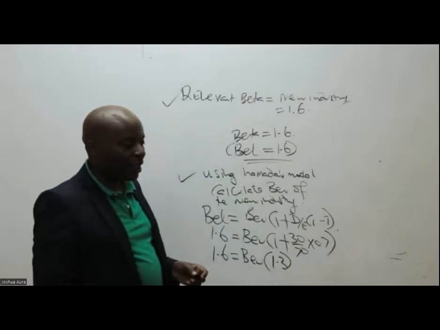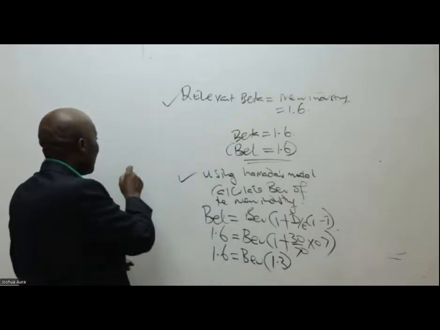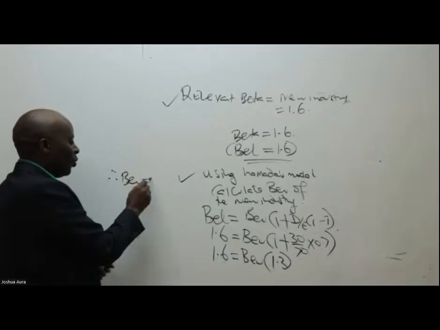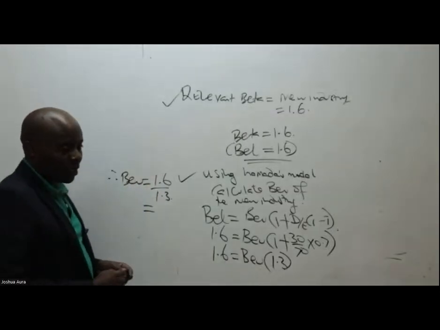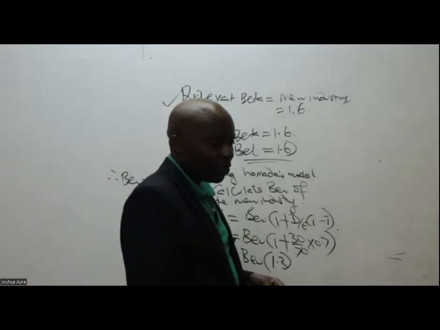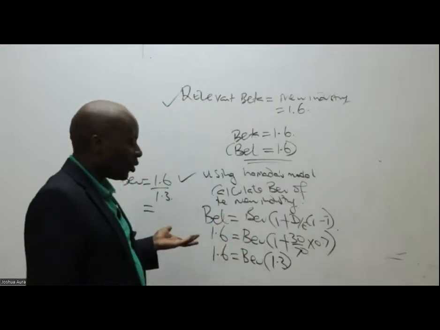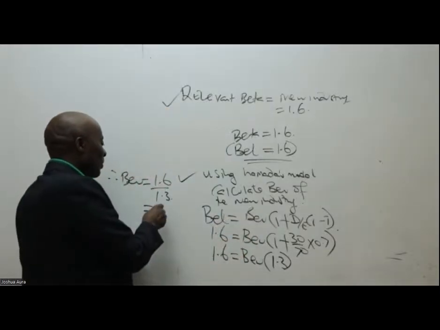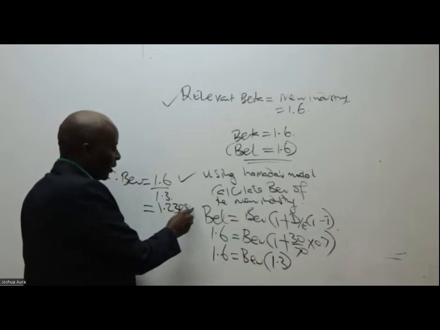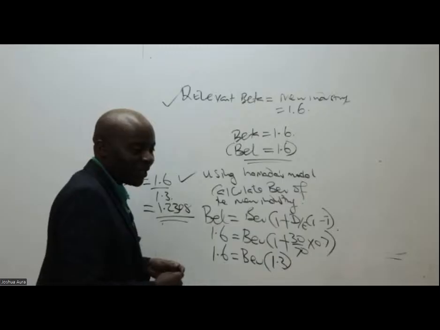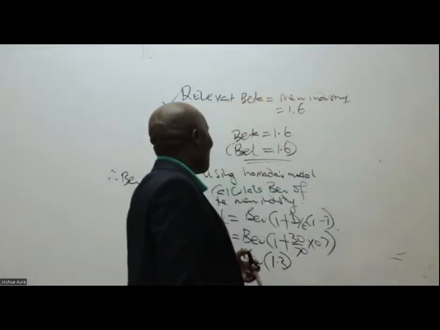So at the end of the day, my BEU will be equal to 1.6 divided by 1.3, which is 1.23. You got it. Thank you so much, that is wonderful.